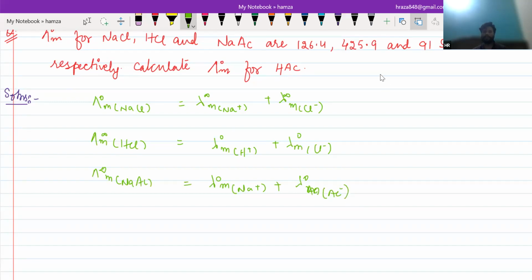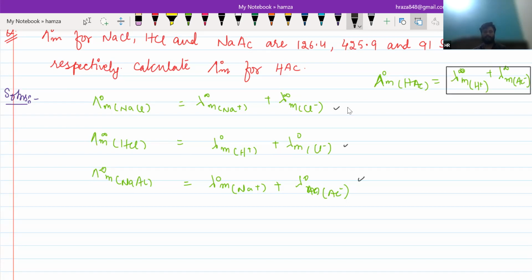Now what we need to calculate is lambda naught m for HAc. That means we need the value of lambda naught m for H plus plus lambda naught m for Ac minus. From these three equations, 1, 2, 3, we need to make this equation. Where is H plus? In equation 2. And where is Ac minus? In equation 3. So you need to add equation 2 plus 3.